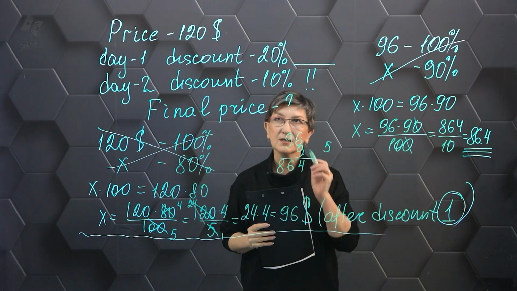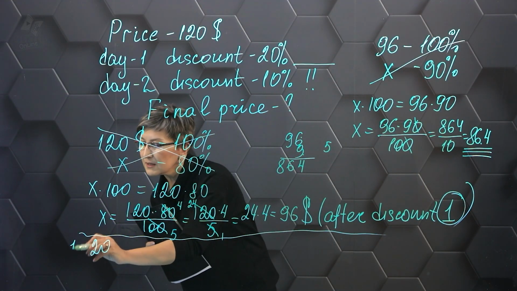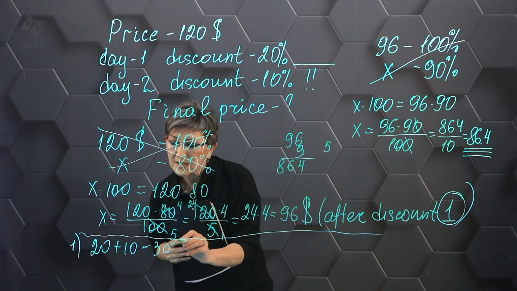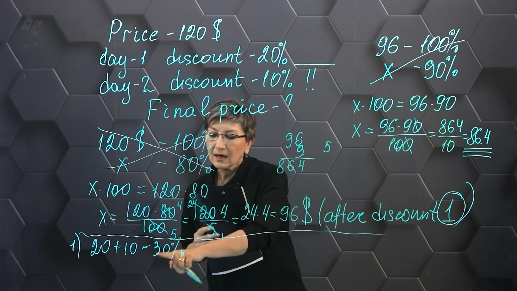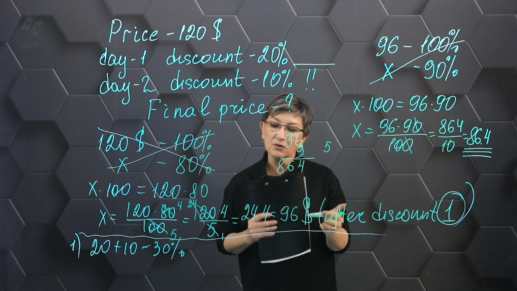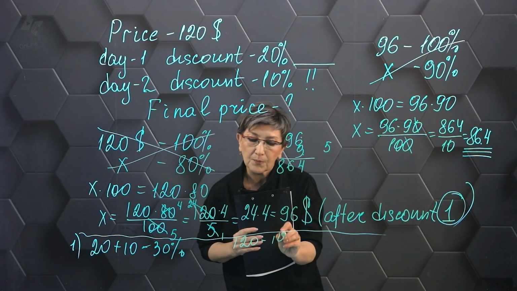Well, now we will analyze the mistakes that are made when solving this problem. What is most often done? They add 10 to 20 and they get a total discount of 30%. And they find what the discount is from $120. Again, I'll write down that 120 is 100%.